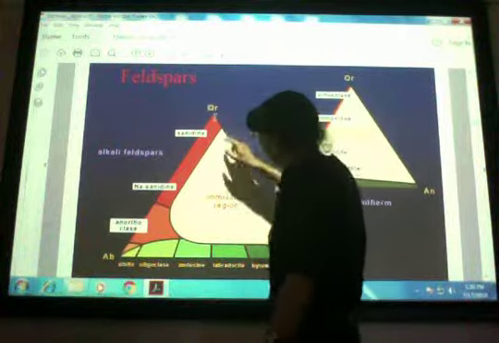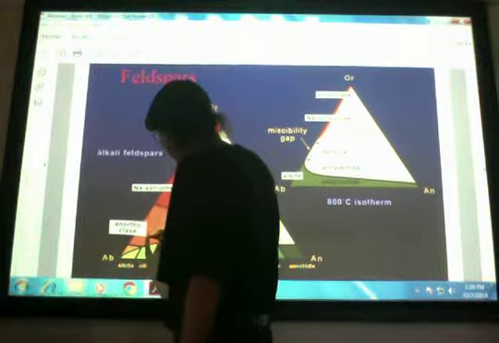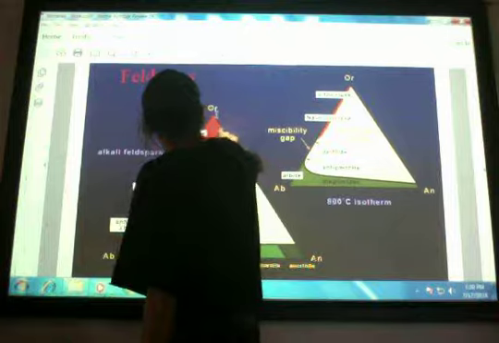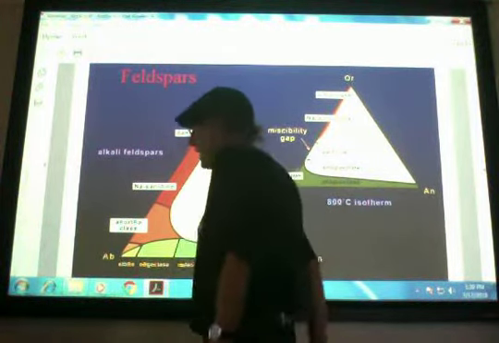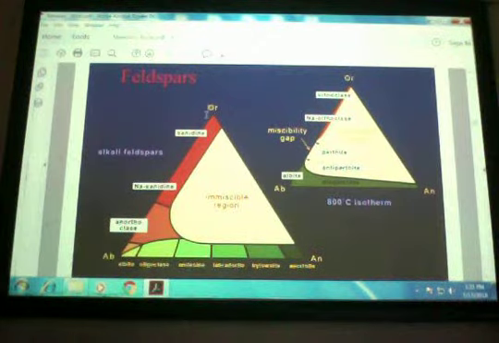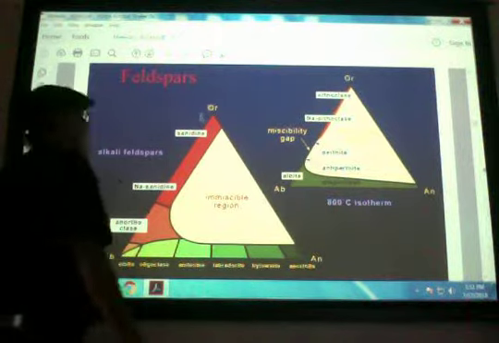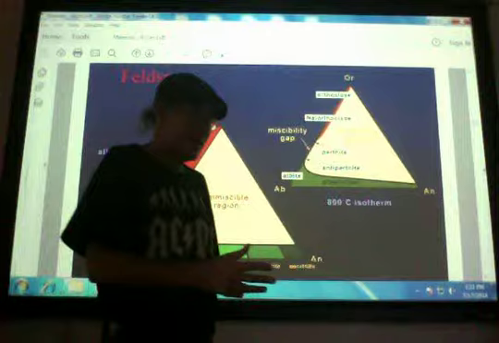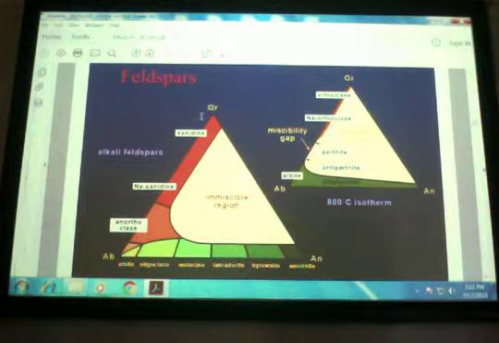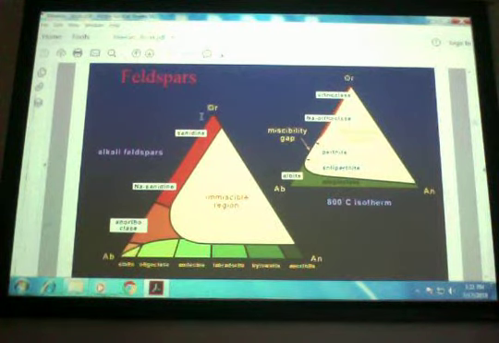And here you have the sanidine, the sodium sanidine, and here the orthoclase. And here you have an immiscibility region, and that means in this immiscibility region, no K-feldspar or plagioclase can exist with such a mineral chemical composition.